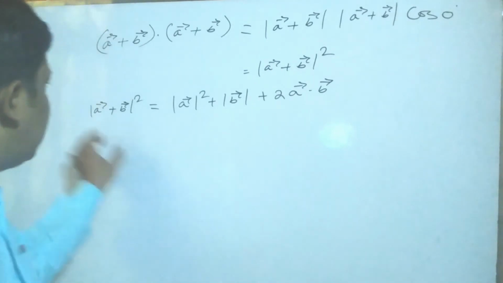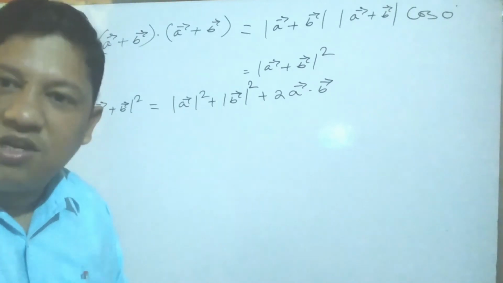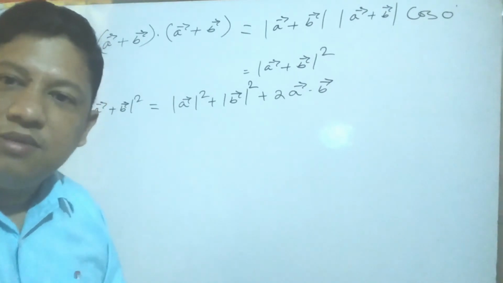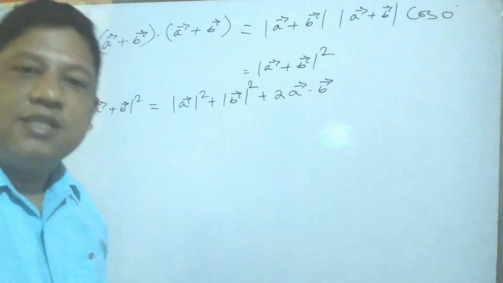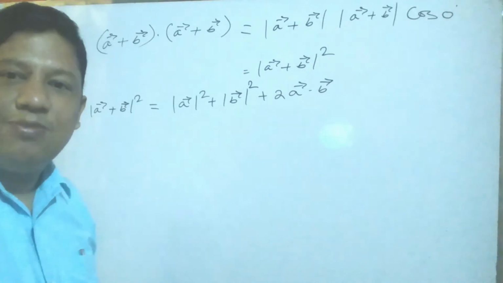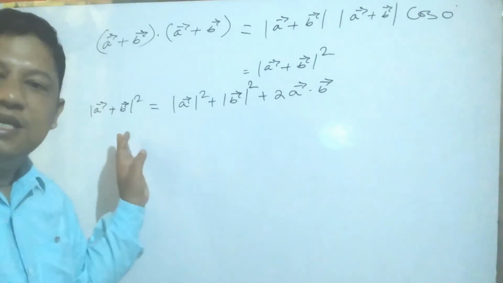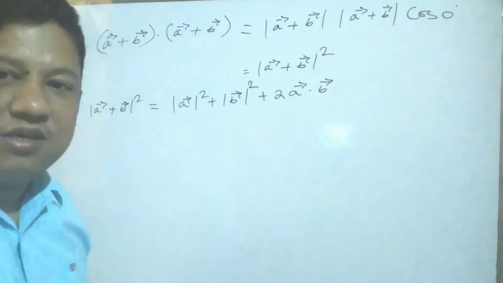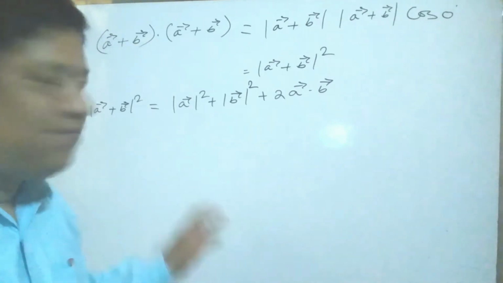You can write all these identities, but the condition is that when there is a square, you write the modulus, that is the magnitude, and where there is multiplication, you write the dot product. Suppose b and c are multiplied, then you write b dot c. So this is a very important and essential condition for you to take.